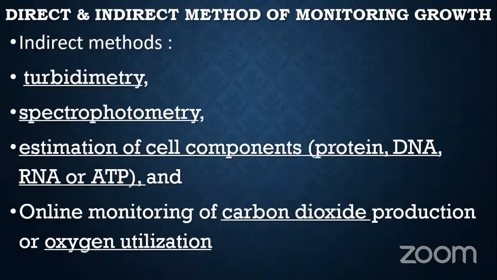Also, we have indirect methods that use turbidimetry, spectrophotometry, estimation of cell components such as protein, DNA, RNA, and online monitoring based on production of certain gases such as carbon dioxide or utilization of oxygen during their growth.